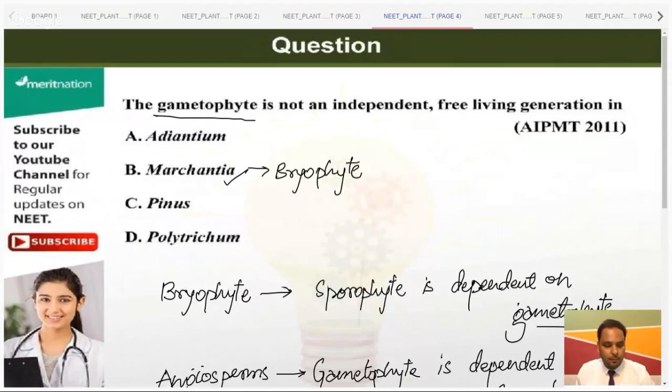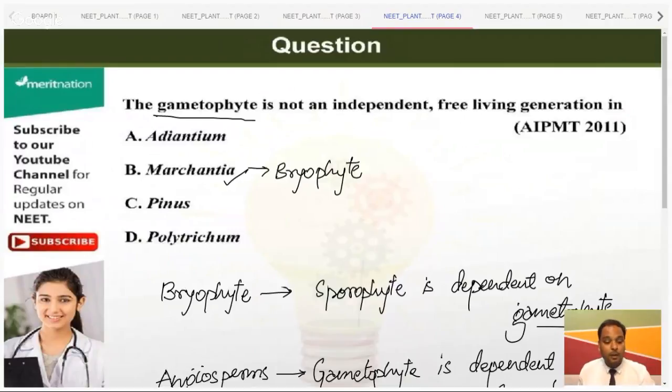So you tell me, if it is Marchantia, and yes it is, that means sporophyte is dependent on gametophyte. So Marchantia shouldn't be the answer, because in Marchantia your gametophyte is free, is independent.